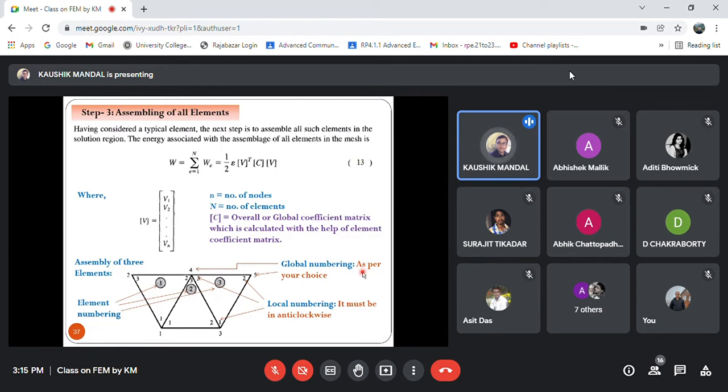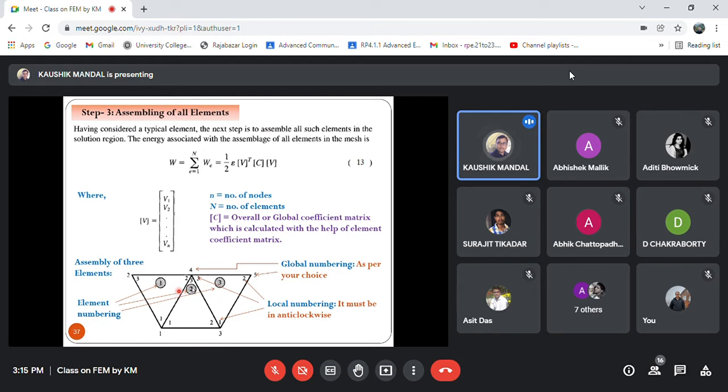So global numbering is your choice, but the local numbering must be in the anti-clockwise direction, and the choice of starting point is in your hand. So that is the basic idea about the numbering of elements, the local numbering as well as the global numbering. The entire solution boundary is divided into 3 triangular elements, 1, 2, and 3.